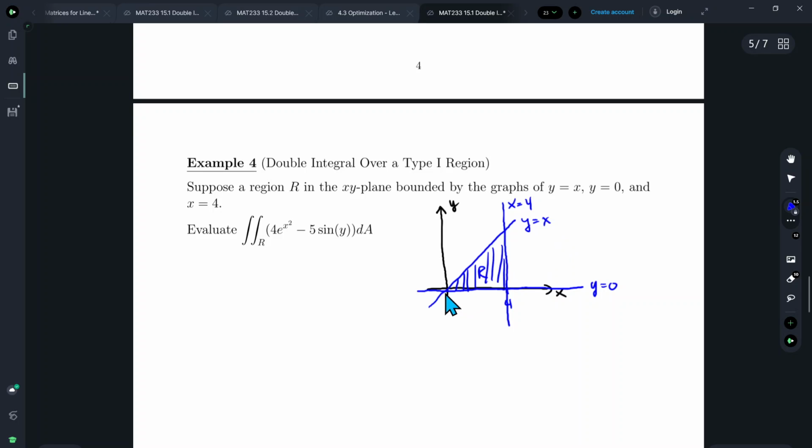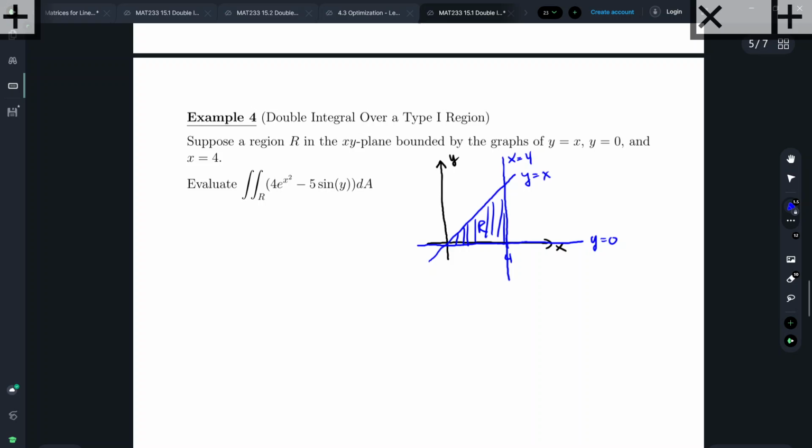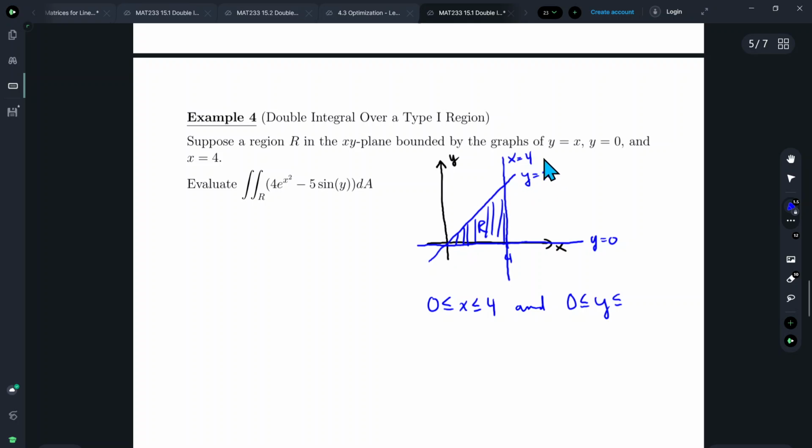Okay, so here, if we want to write a description for this region, right? So you see the left end of the region stops here, and then the right end of the region stops here. So x varies between 0 and 4, and y, so the bottom boundary is just given by this horizontal line, which is at y equals 0, and the top boundary of the region is the line y equals x, right?